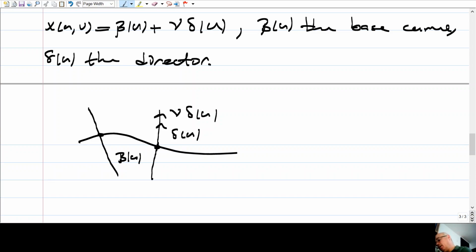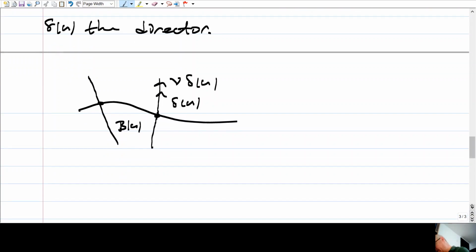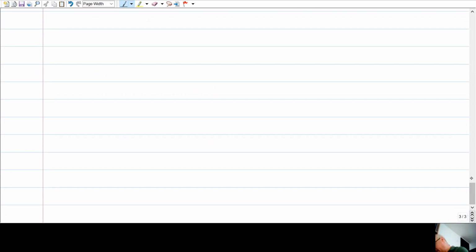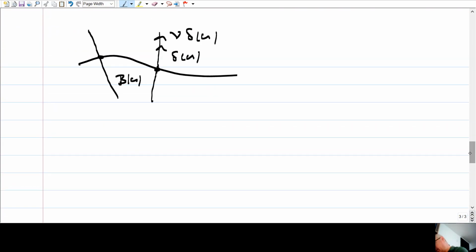Okay. So this is called a ruled surface, and there might be several rulings on a surface. Let me explain this on an example. Some of the classical surfaces are ruled surfaces.